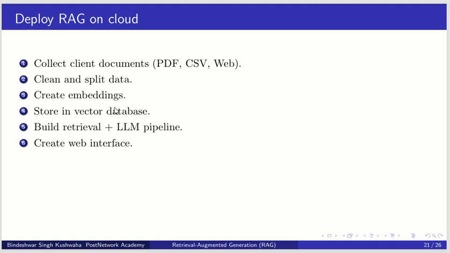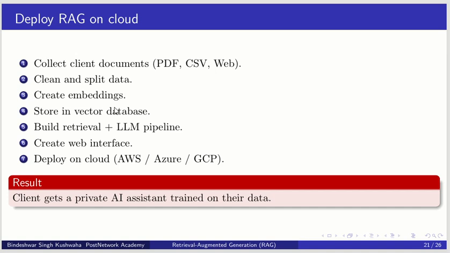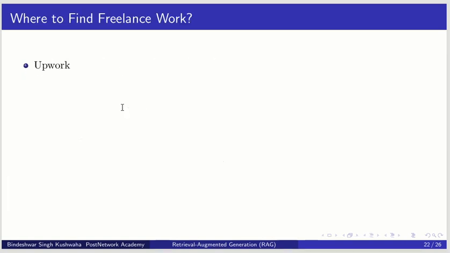Create a web interface, and thereafter deploy on the cloud like AWS from Amazon, Azure from Microsoft, and GCP from Google. And the client gets a private AI assistant trained on their own data. So nowadays clients require this kind of tool, so you can approach them.